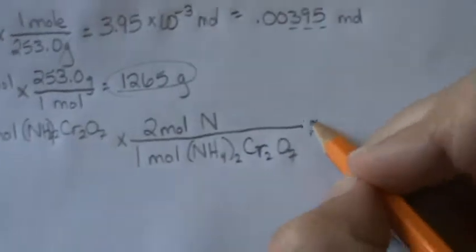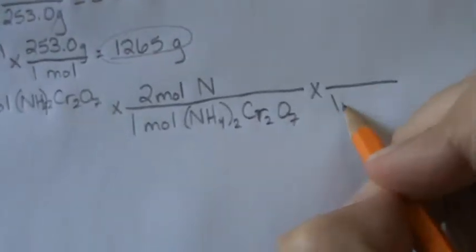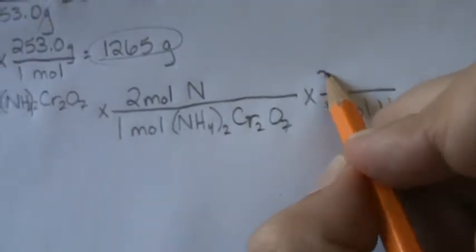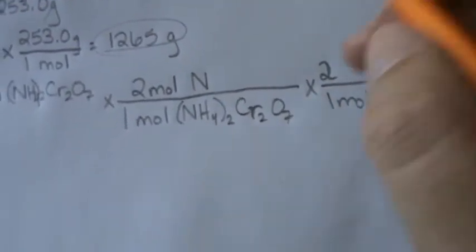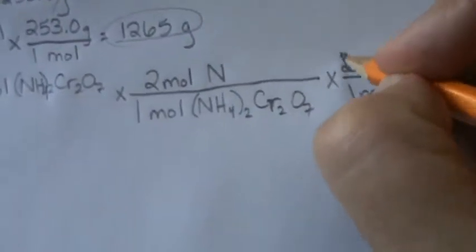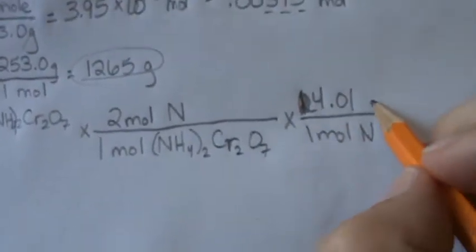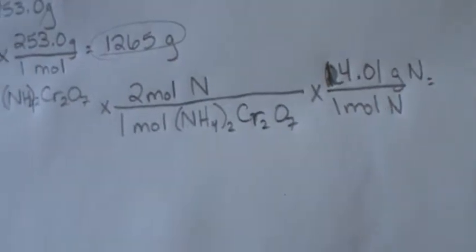And in 1 mole of nitrogen, I have 14.01 grams of nitrogen.